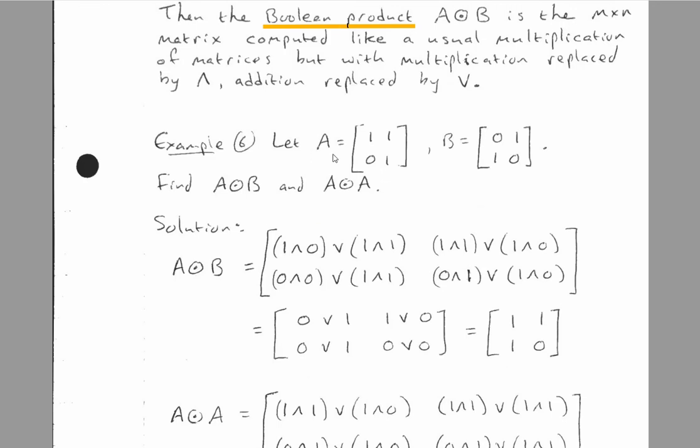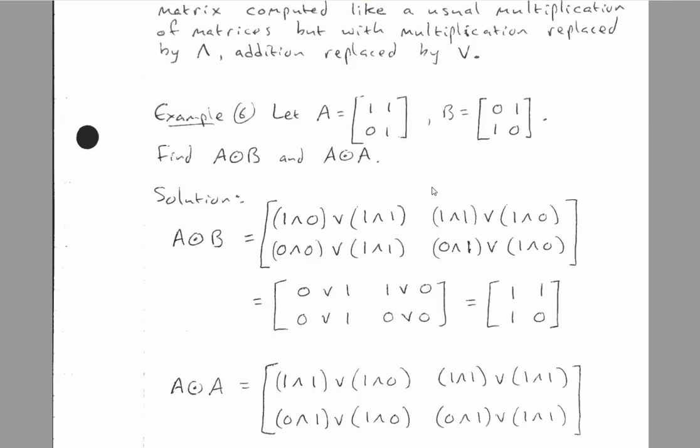Let's see an example. So here, this is A, this is B. Find the Boolean product AB and the Boolean product AA.